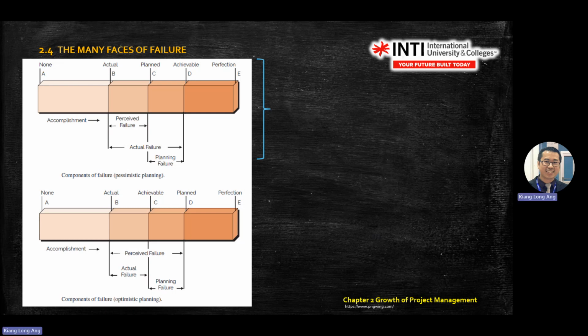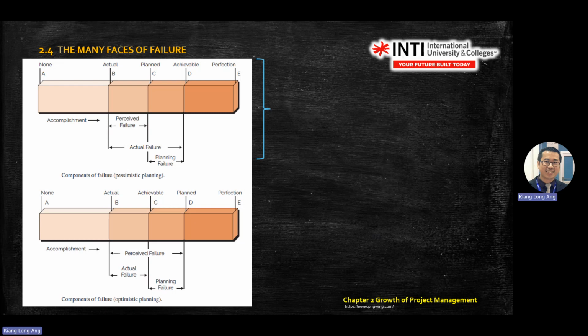Optimistic means you plan more than what you can achieve. Pessimistic, you see, is what you can achieve is here, but you plan below what you can achieve. It means you're very, very conservative.